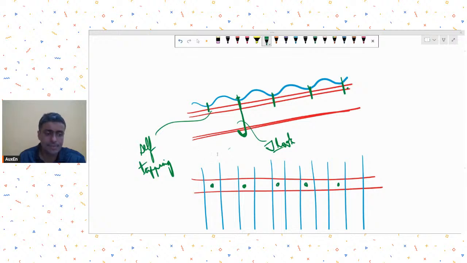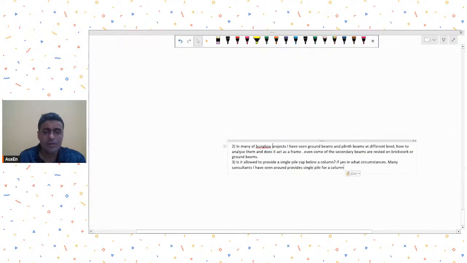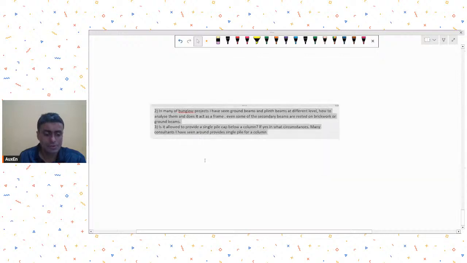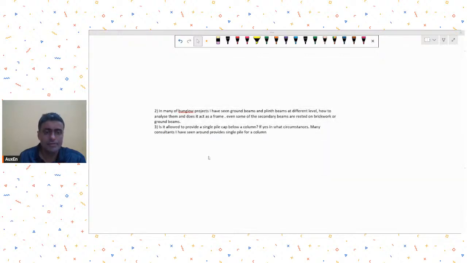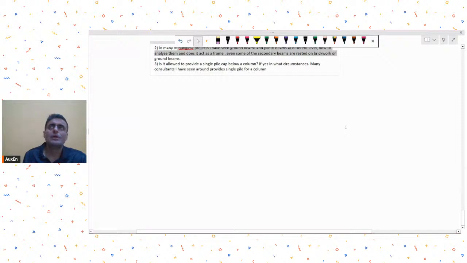His next question is, in many bungalow projects, I have seen ground beams and plinth beams at different levels. How to analyze them, and does it act as a frame? See, you don't need to model them at different levels.